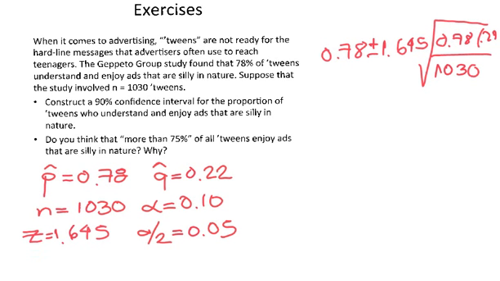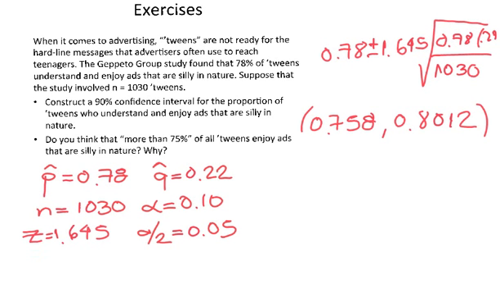So if you do the calculations here, you would find 0.7587 and 0.8012. So again, we conclude that with a confidence of 90%, the actual proportion of teenagers that enjoy ads that are silly in nature is between 75% and 80%.